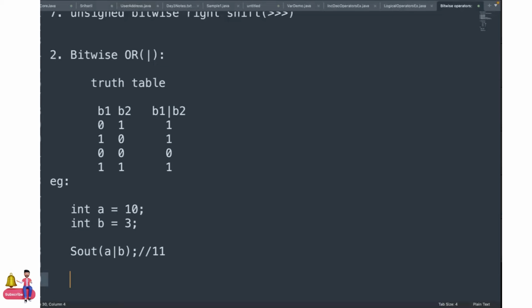We need to convert those operands into binary format. Can you tell me how I will be able to do it?